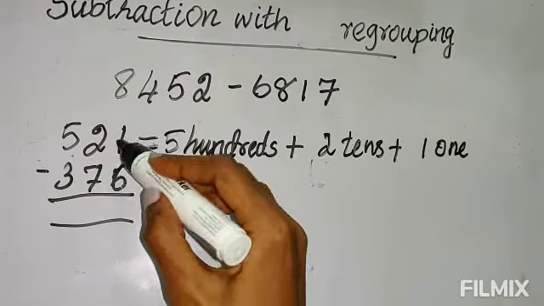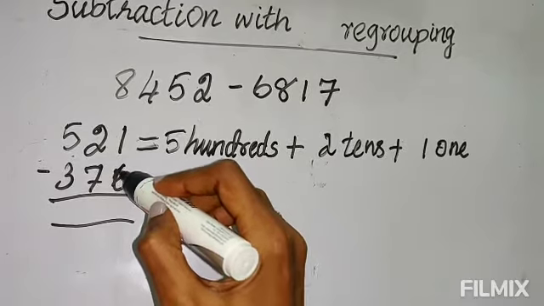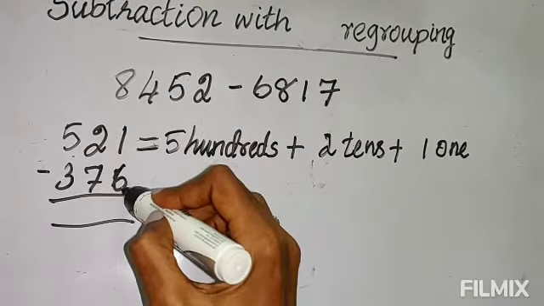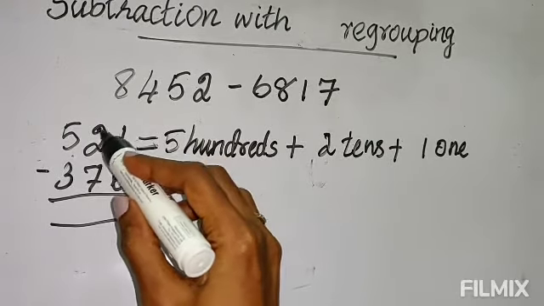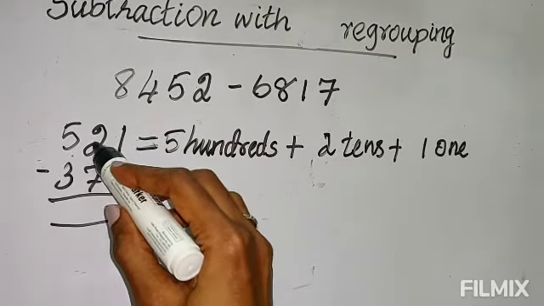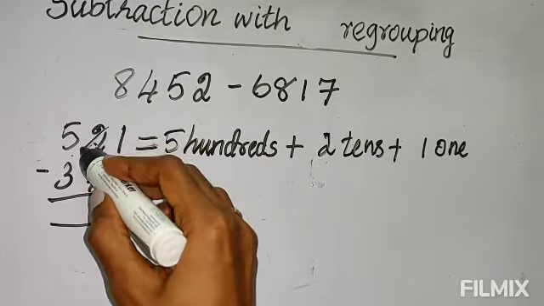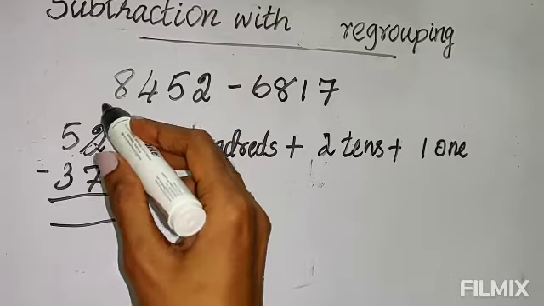That's why we are not able to subtract 6 ones from here. So we have to make this 1 bigger than the 6, so for that we will borrow from the tens place.